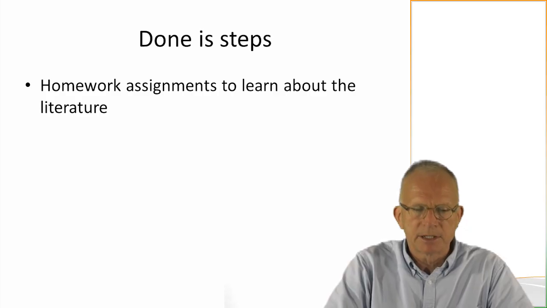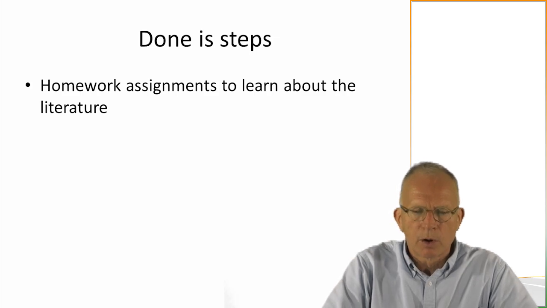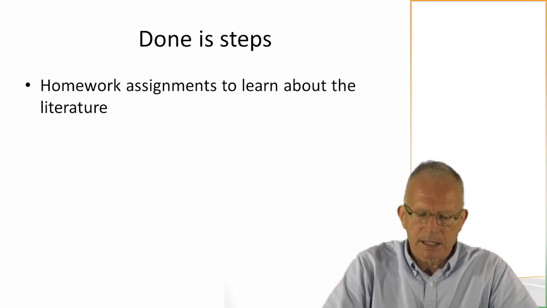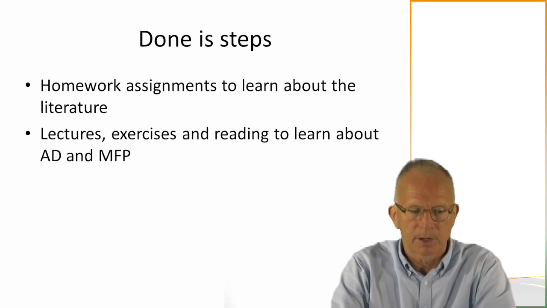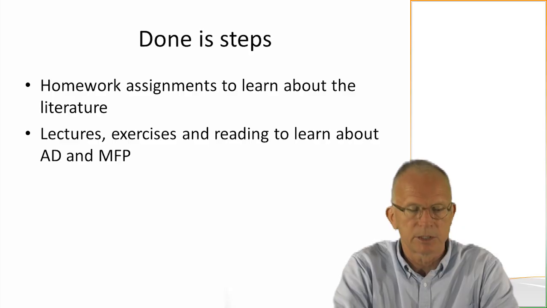So this is going to be done in steps. There's homework assignments that help us learn more about the literature. And the first few homework assignments are getting into the literature to see if we can dissect a paper properly and find the interesting information and select reasonable papers.